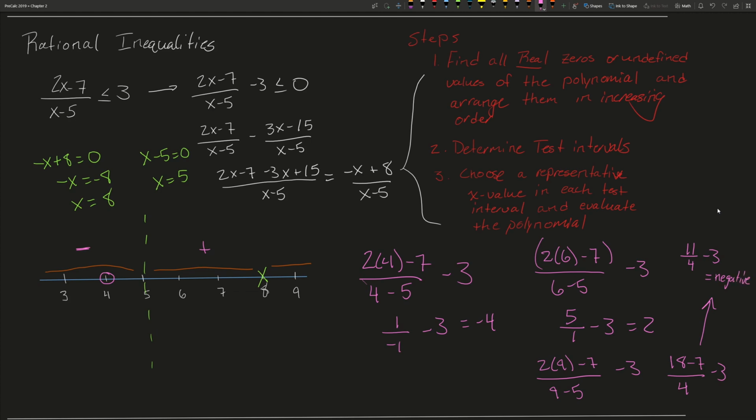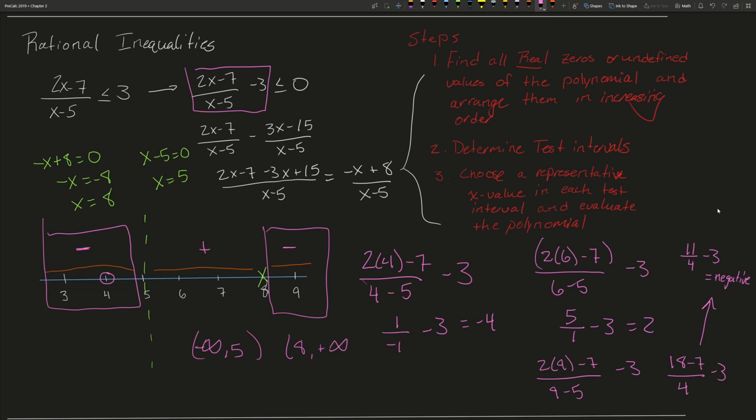Because this value will be negative, everything in this interval will also be negative. So because we're looking for when this function is less than or equal to 0, we're looking for the intervals that are also always going to be negative. So this interval and this interval. So our answer will look like negative infinity all the way to 5, not including 5, and everything from 8 to positive infinity.